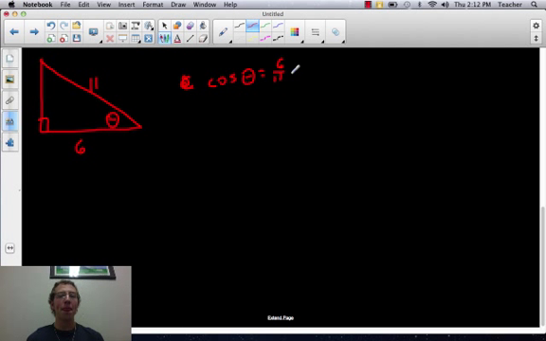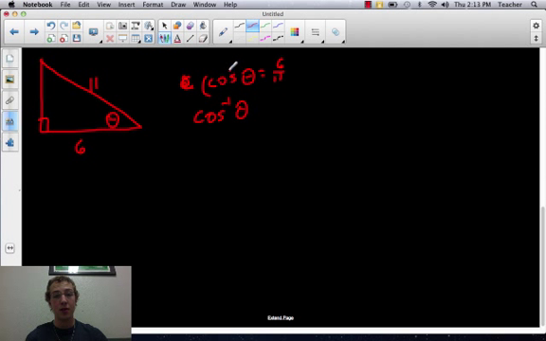Now, undoing a cosine, a sine, or a tangent is exactly like undoing multiplication or division, or addition, subtraction. You take the opposite. Well, for a cosine or a sine or a tangent, we have an inverse, which is the same thing. All it is, it's written like this. This is inverse cosine.